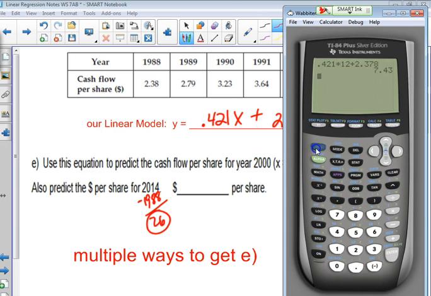You could go second and then the graph and look at the table. Most of you probably have a table that looks like this, with a whole list of X values in Y1. If we wanted 26, we'd scroll down and get 13.3. Did someone get that?